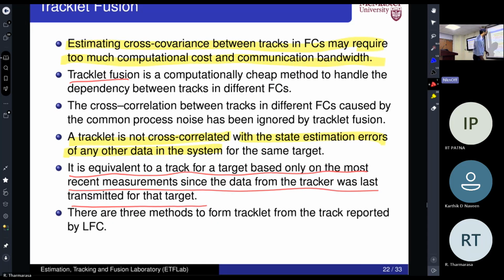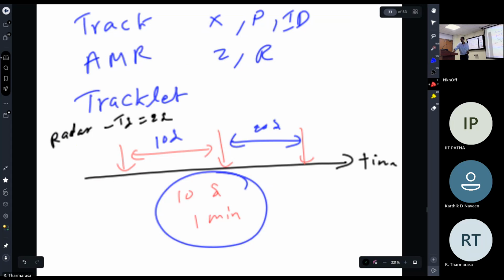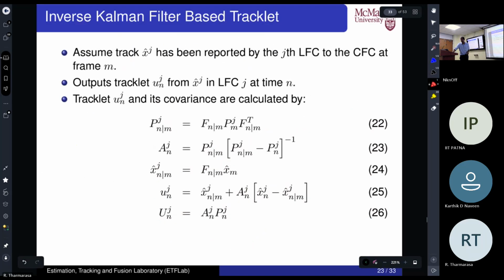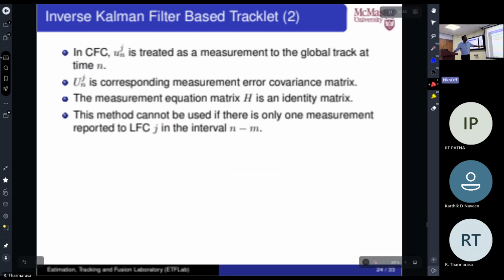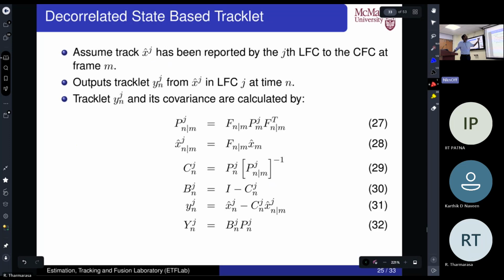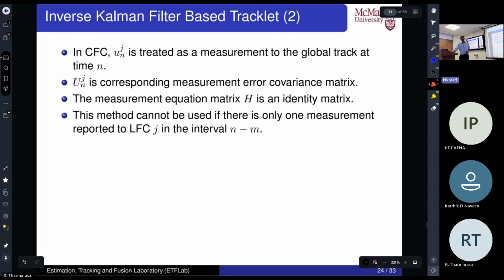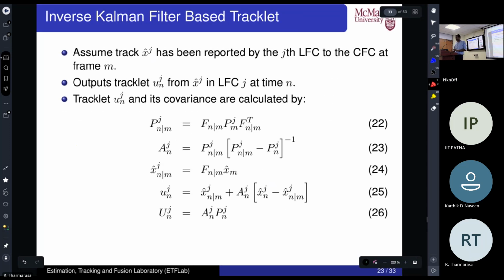Now there are a few methods to calculate tracklets, not one method, multiple. There are three methods that we are going to discuss. So let's start with the first method.